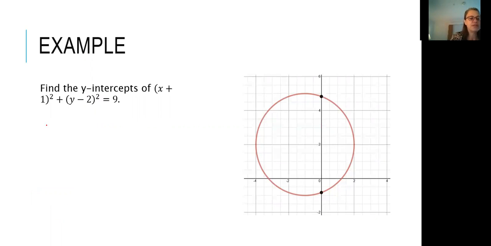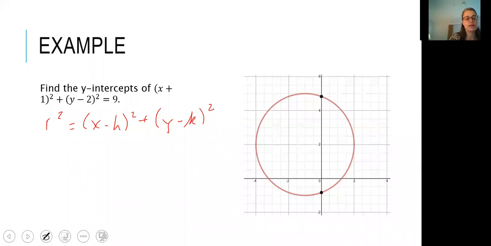My standard form is r squared equals x minus h squared plus y minus k squared. Compare that to the equation I have here, which is 9 equals x plus 1 squared plus y minus 2 squared.